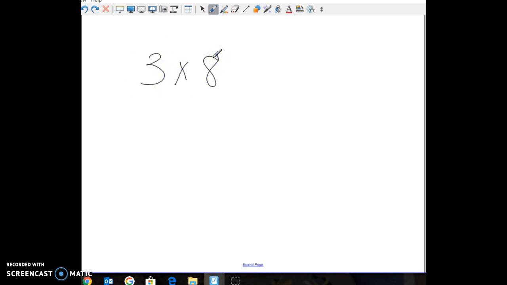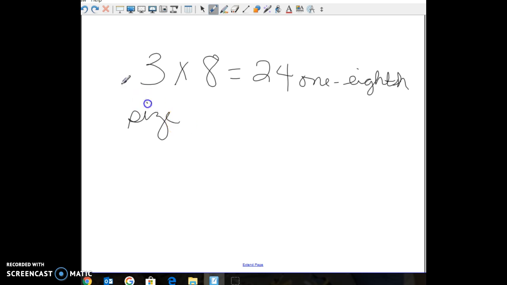Does somebody need a diagram? 3 times 8 equals 24. 24 1/8 size pieces of brownie.